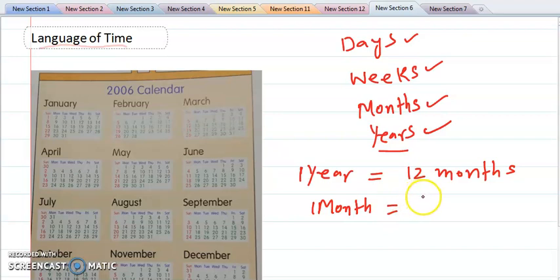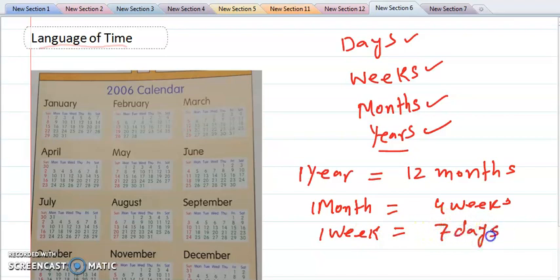A standard 1 month will have 4 weeks. And then 1 week has 7 days, and in one day there are 24 hours.